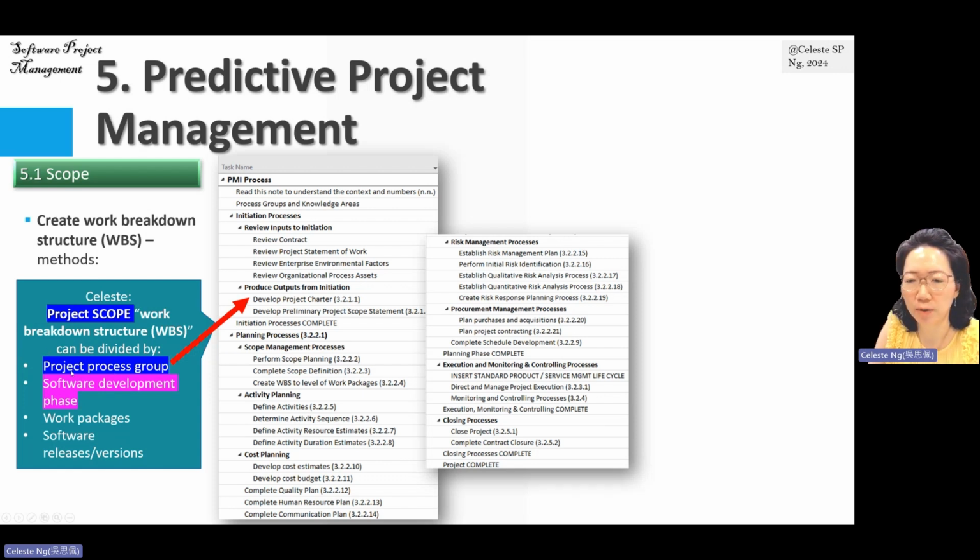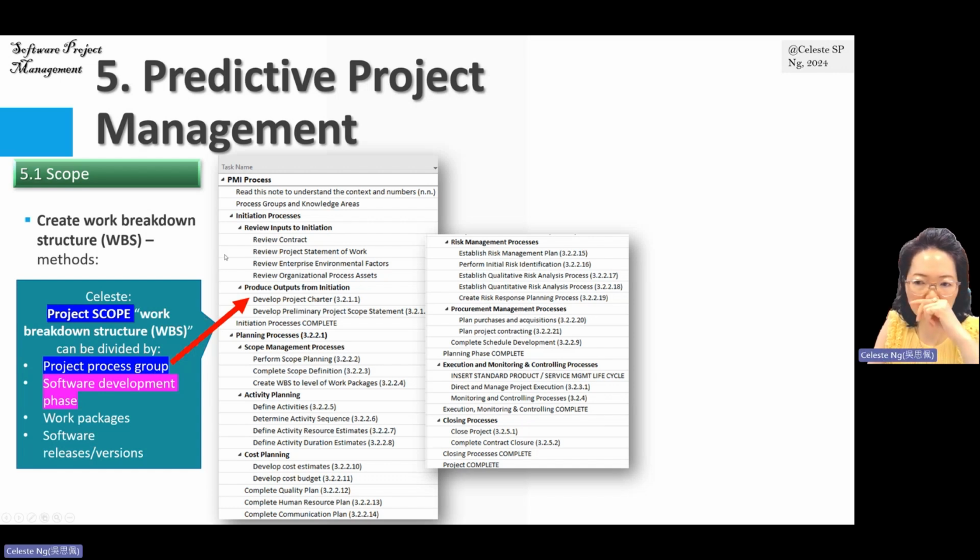Do you remember I mentioned about project process group in section 3, when I talked about the 5 phases involved in a project life cycle. And here, what we are seeing is the project process groups.